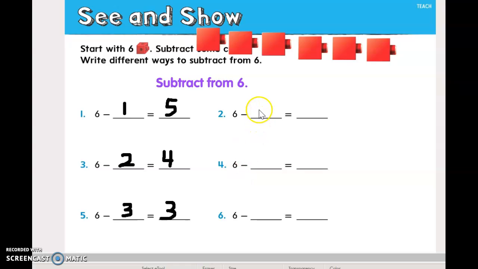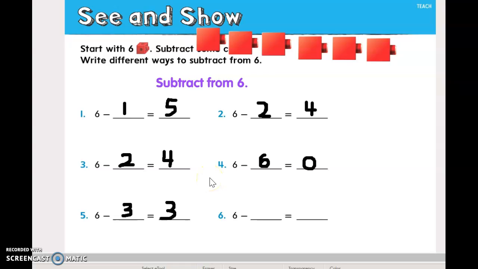6 take away 2, oops, equals 4. Okay, so you know what? I think we've done all the possibilities, except for, of course, if you take away 6, we would have 0. All right, so those are our possibilities so far.